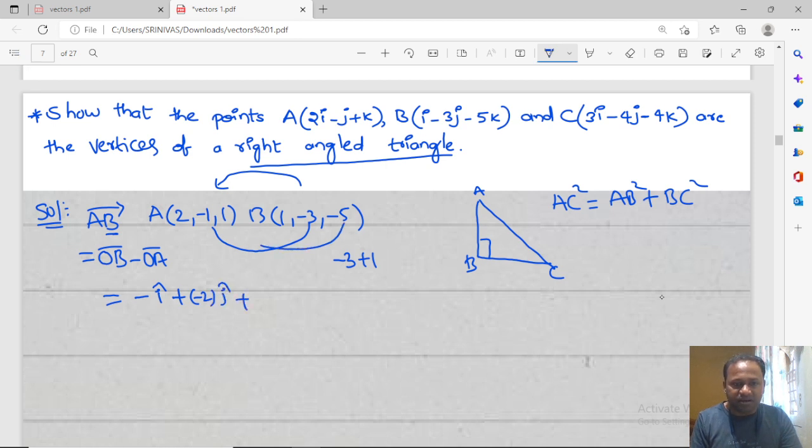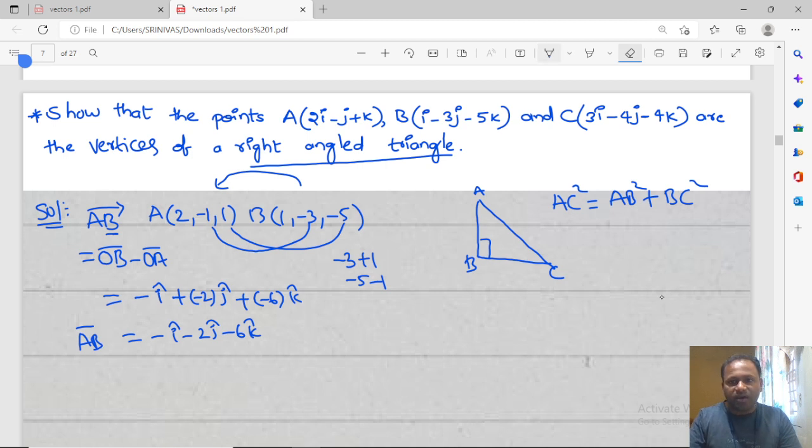Plus the third one, minus 5 minus 1, how much? Minus 6 k cap. Then what we get? Minus i cap minus 2 j cap minus 6 k cap. This is AB bar.